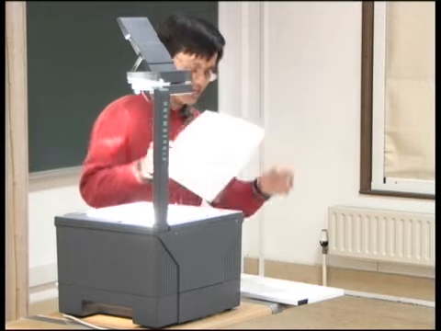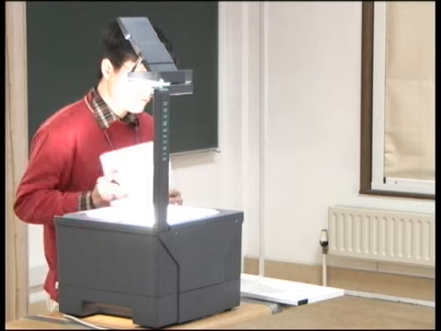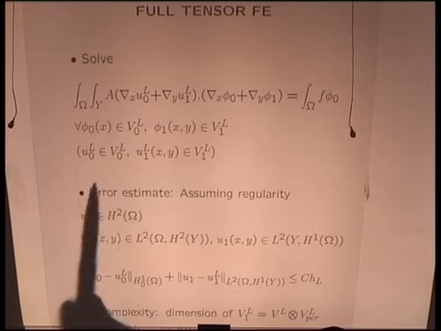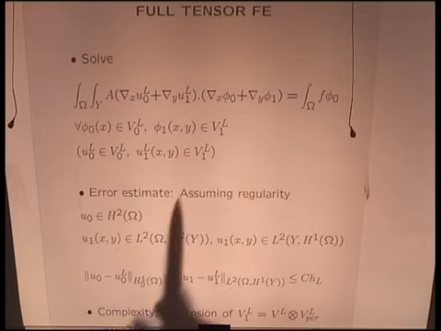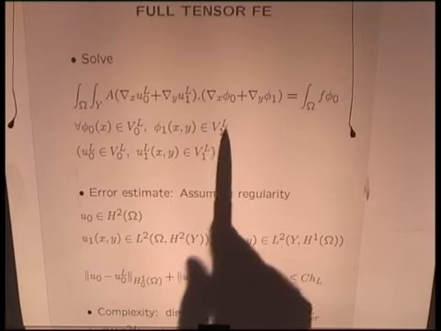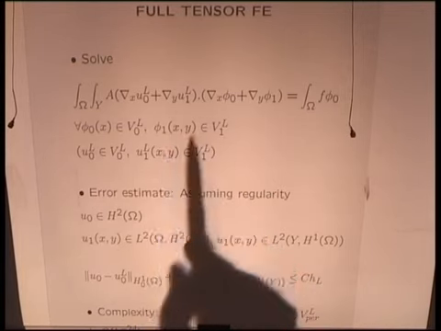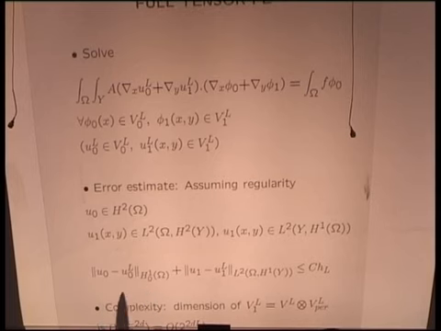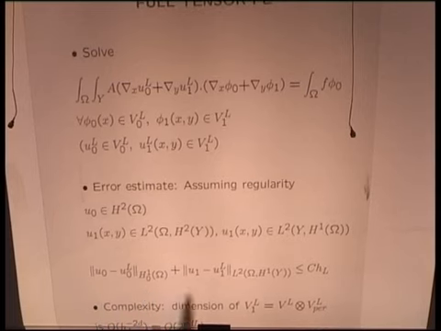Okay. So here is what we have just done. We solve exactly the two-scale homogenized equation, but we find U1L inside V1L, such that this holds for all phi 1 inside V1L, and with some regularity we can find a rate of convergence for U0L to U0 in the H1 norm and U1L to U1 in the L2 H1 of Y norm.